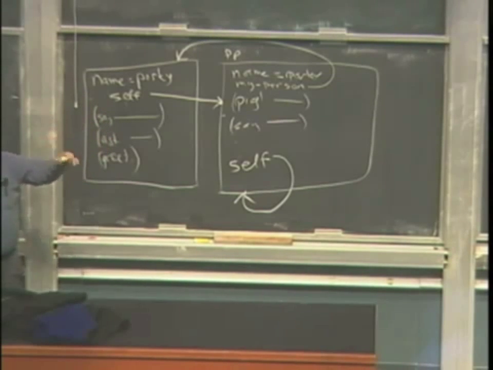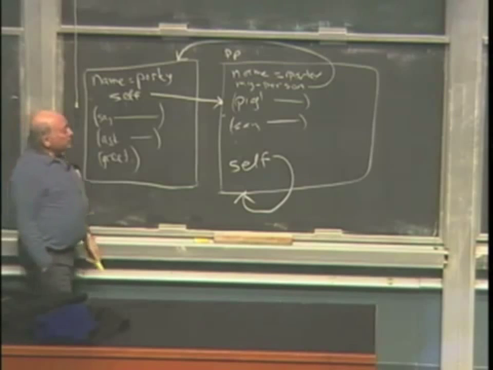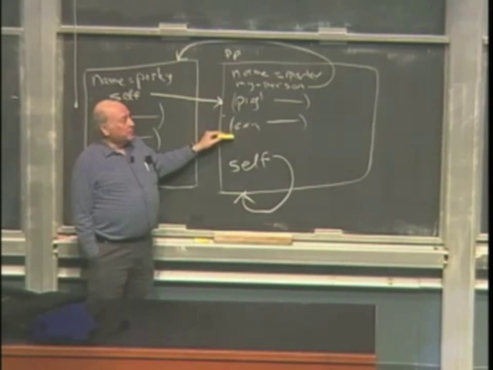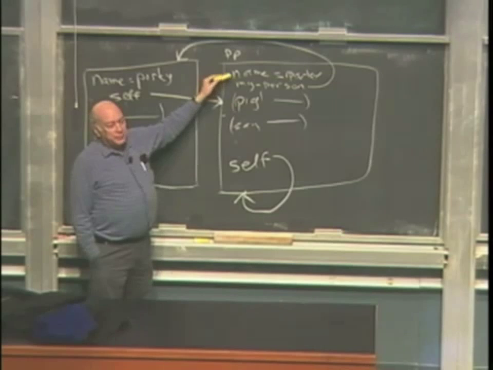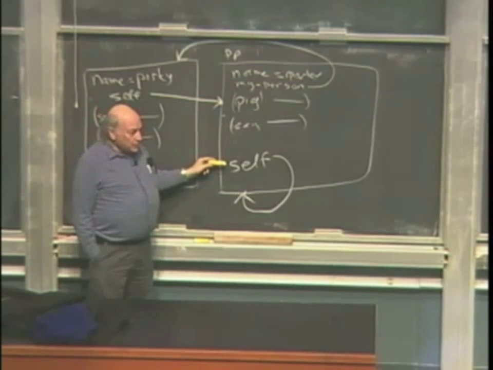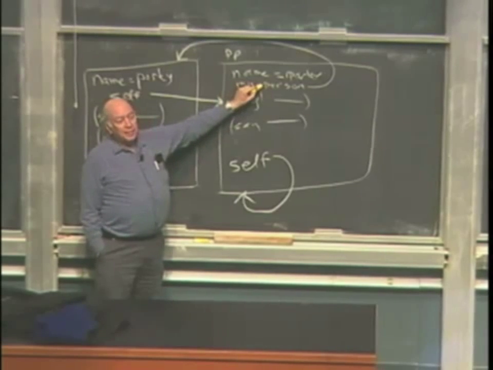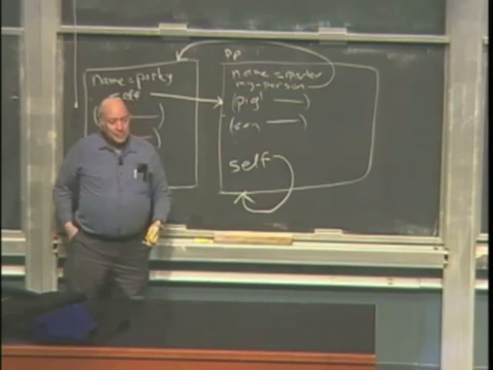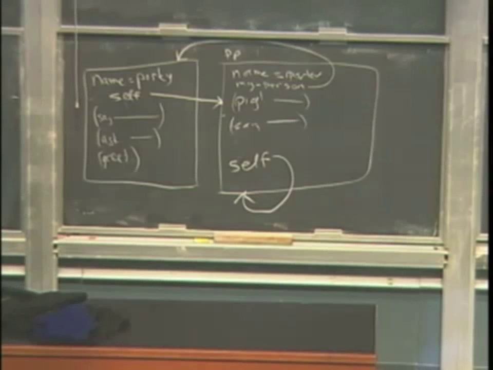Is it this message, do this? Is it this message, do this? Else error. Okay? So what we're going to say is, if it's piggle, do this. If it's say, do this. If it's name, because you get free methods for all your variables, then return name. Else, send the message to my person. Okay? That's how it works.